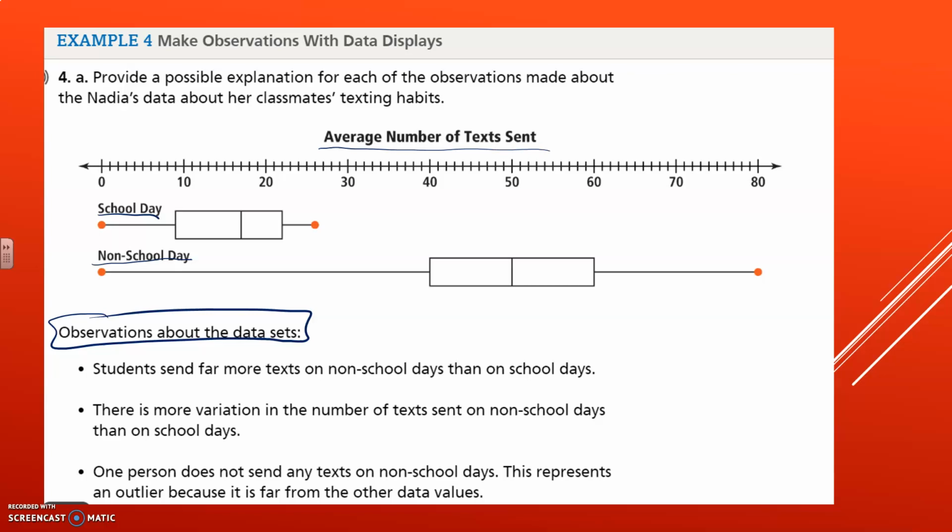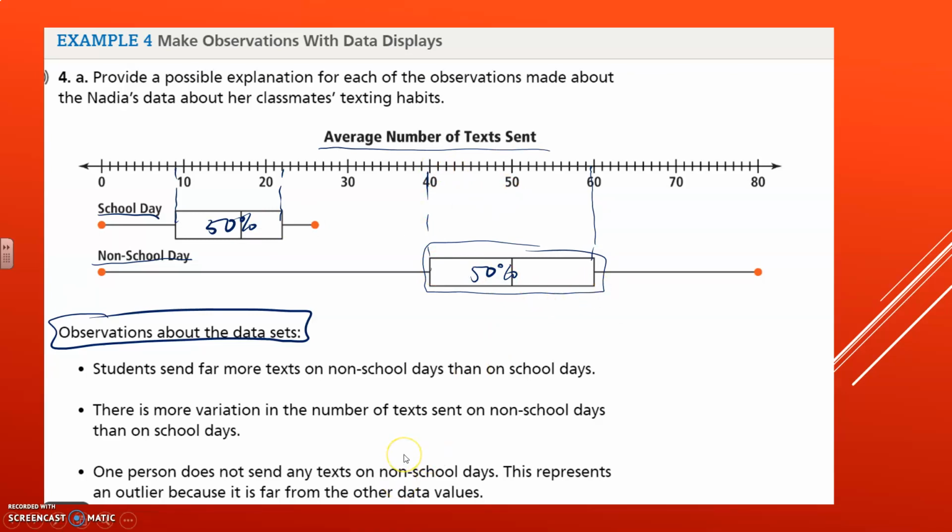Okay, I'm going to focus on the box, and it goes from 40 to 60. So the entire 50% falls way higher than the entire 50% of non-school days. Okay, so we can see that way more students, it appears, send text messages on non-school days.